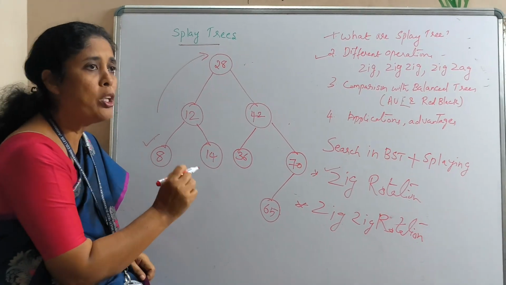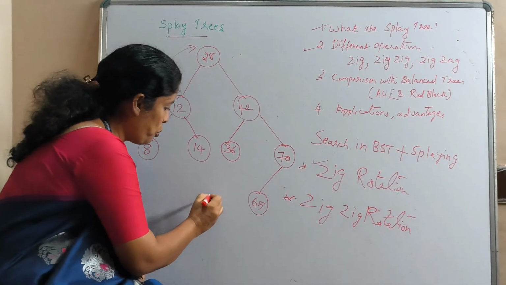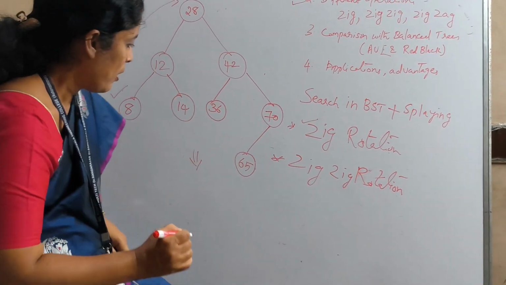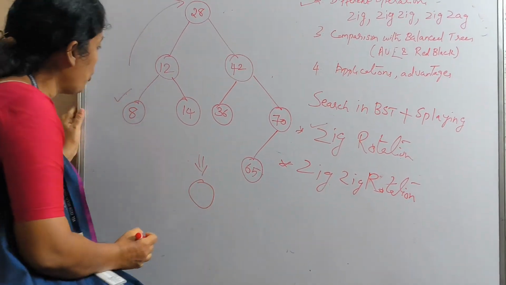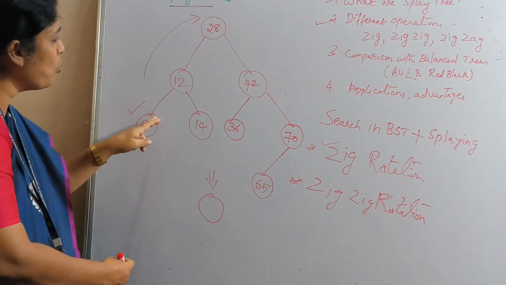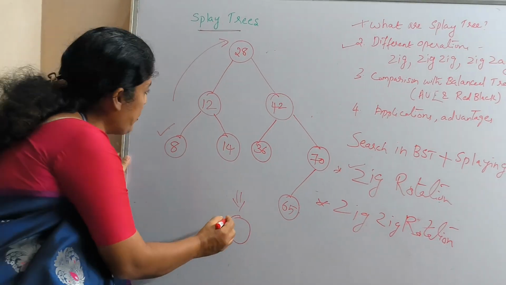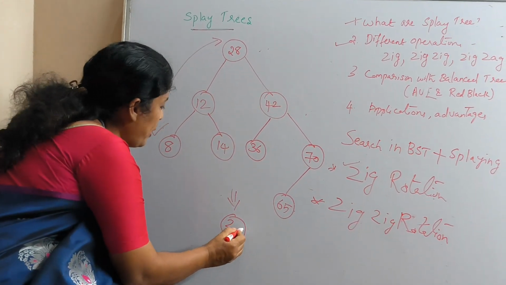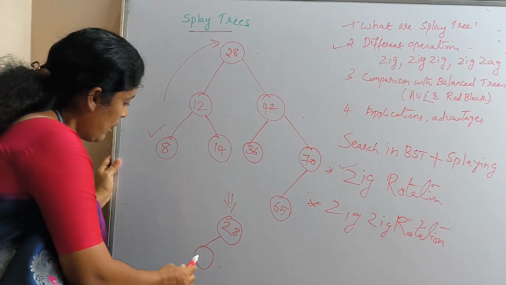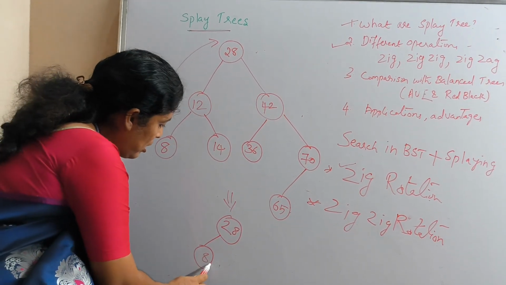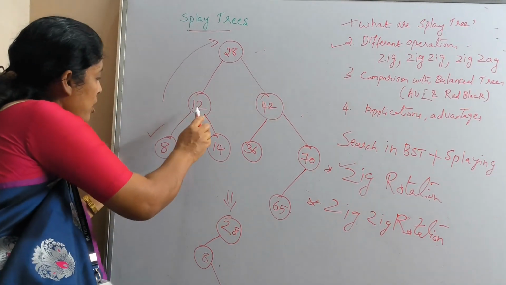After doing 2 right rotations, your tree will be like this. First of all, when we do 1 right rotation, it will be like this. That is 28, and this will be 8, and here 1 right rotation like this.